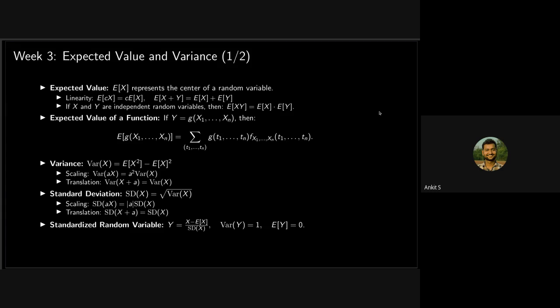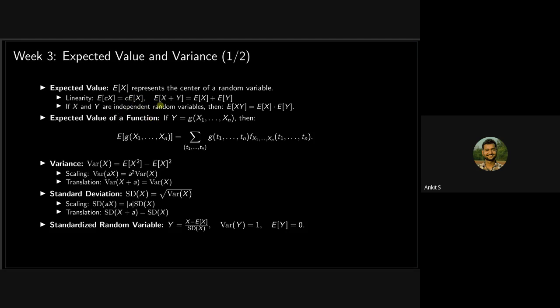It was linearity. So you have a random variable x. Now you multiply that random variable to get a new random variable y equals cx. Then its expected value will just be equal to c times the expected value of x.